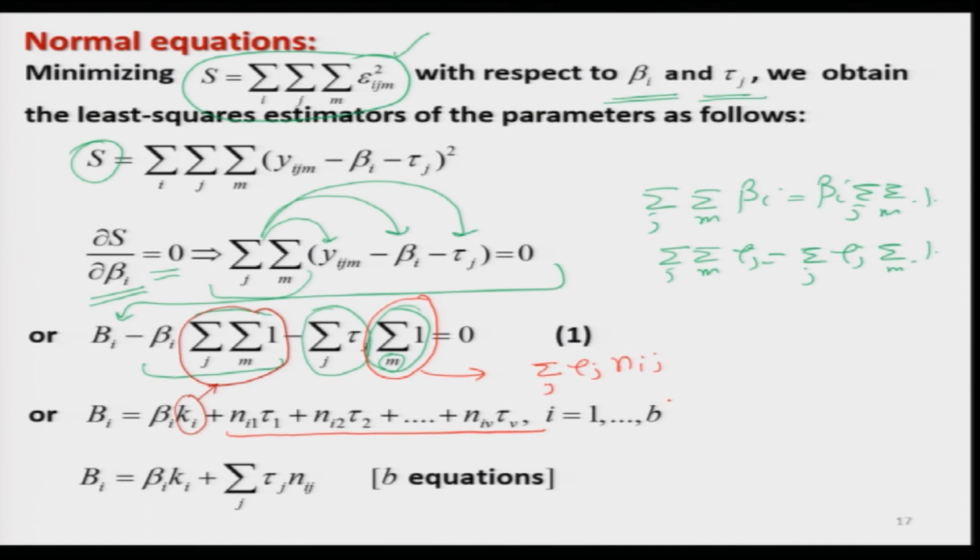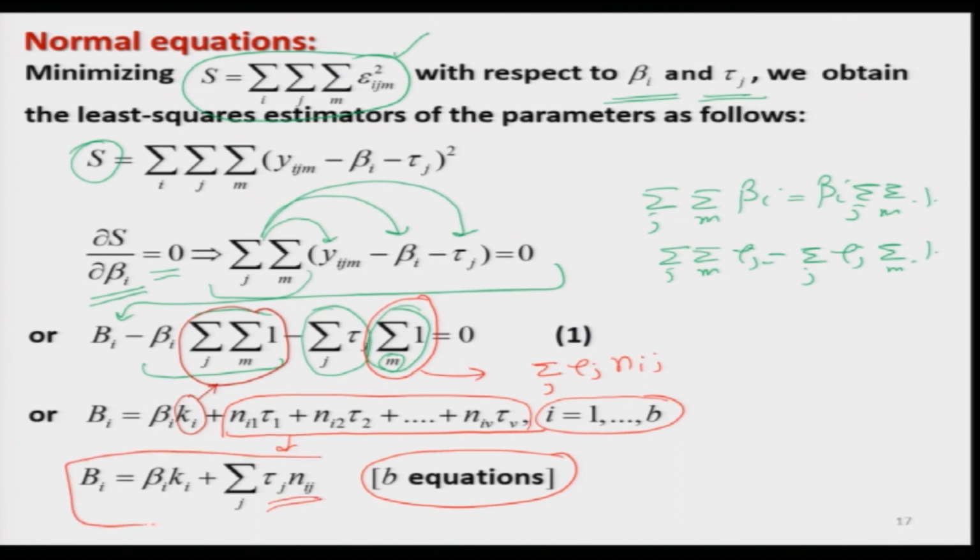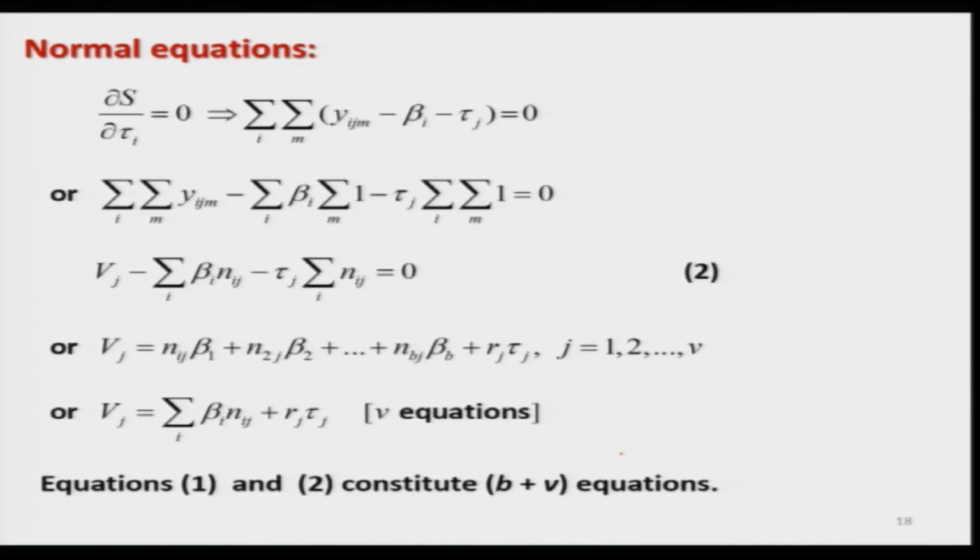So, for I going from 1 to b, these are the total b number of equations, and this quantity can be written briefly as the summation over j of tau j and nij. So, now we have this equation BI is equal to beta I k I plus the summation over j of tau j nij. So, remember this, these are small b number of equations.